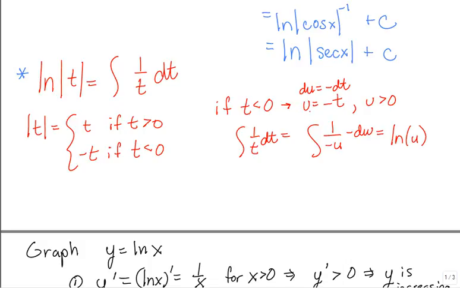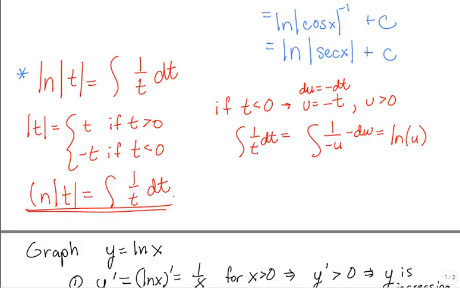So if u is greater than 0, that gives you t negative, and that gives you the same result. So we have the ln of the absolute value of t is the integral of 1 over t dt, and that's why you need absolute value. It gives you the same result whether your variable is positive or negative.